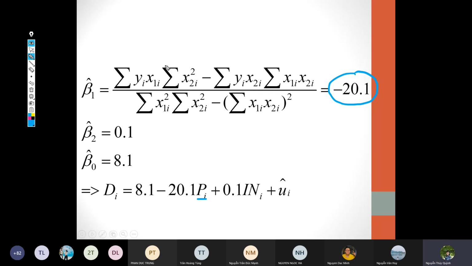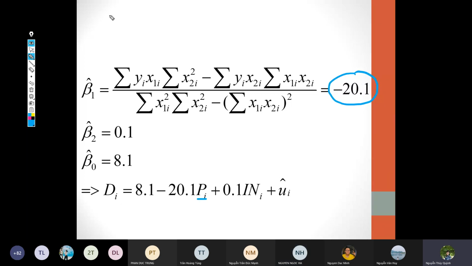Now, remember the meaning of the partial regression coefficient. We have just discussed it. What does it suggest? An inverse relationship between price and demand.